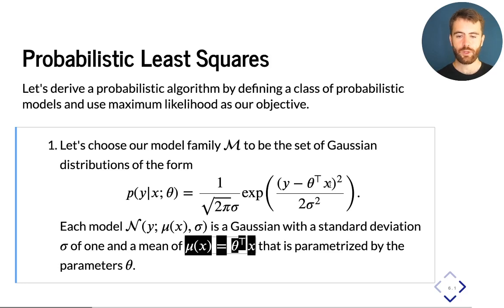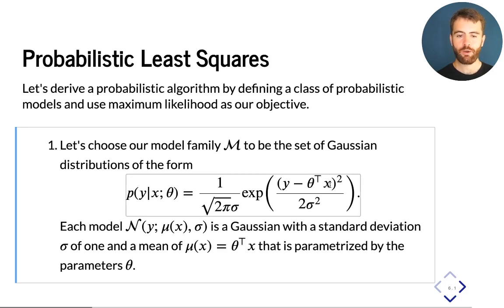So now if we substitute the mean for its definition here, then we have the following expression. This is just the mean. Essentially what this is saying is that given an x, the distribution of y is some sort of Gaussian bell curve around this mean. This is what this distribution is implying, and this is the assumption that we're making here. So this defines our model class.